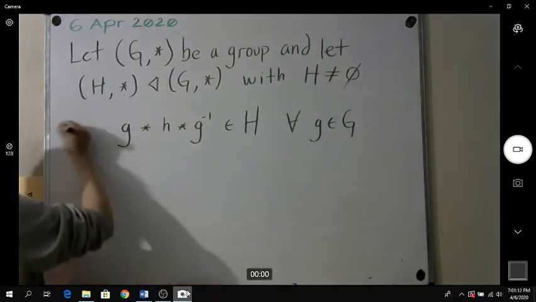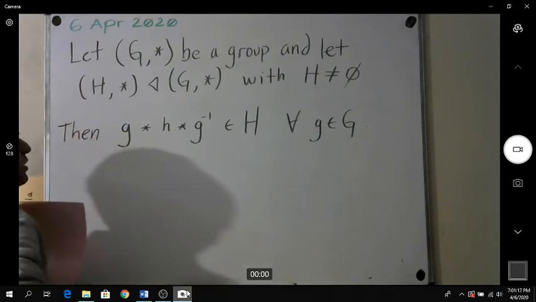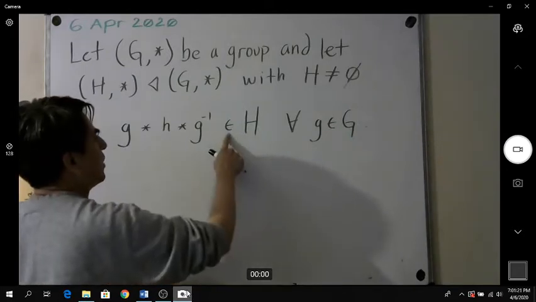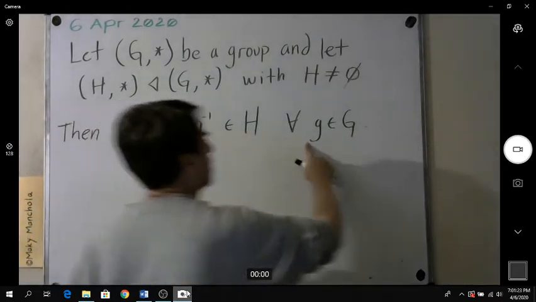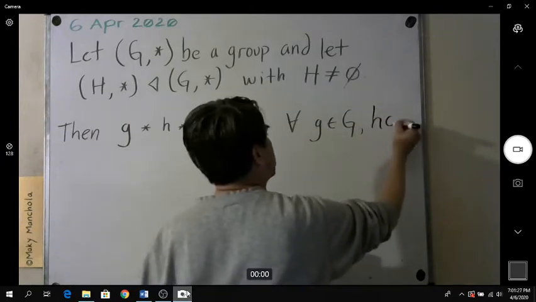Then we get this property: G star H star G inverse is an element of H for all elements G in the group and all elements H in the subgroup.